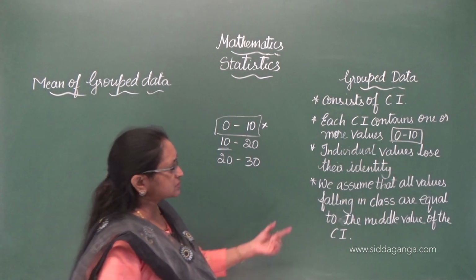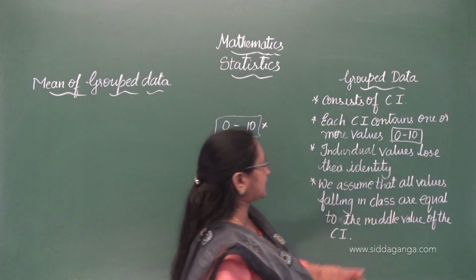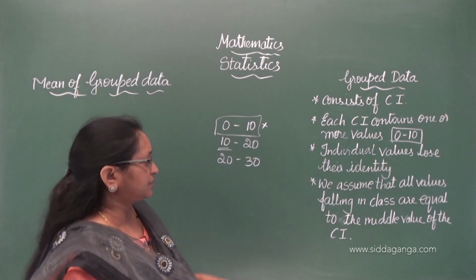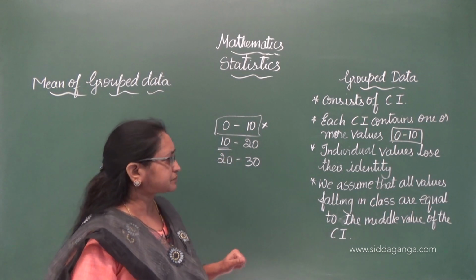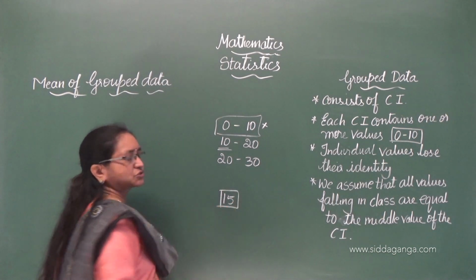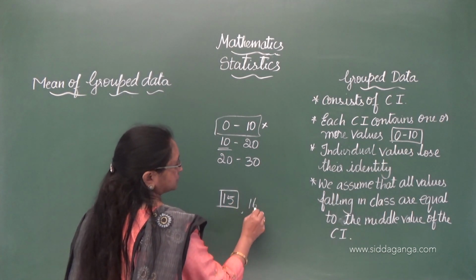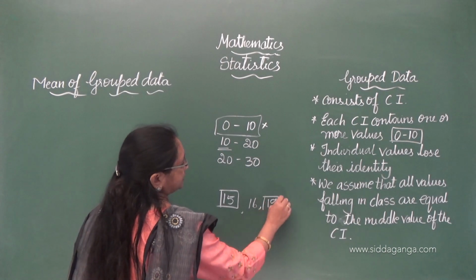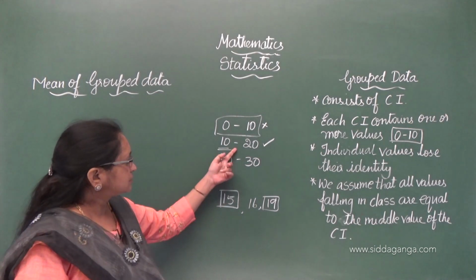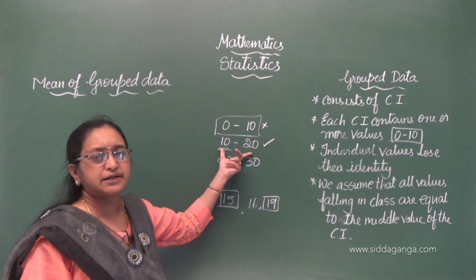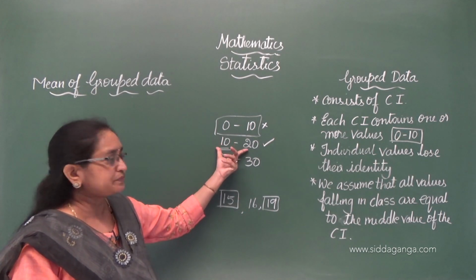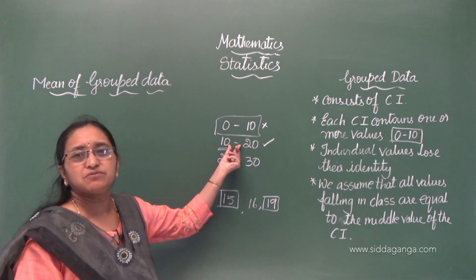Next, we assume that all the values falling in the class are equal to the middle value of the class interval. See for example, if a student has scored 15, another has scored 16, and another 19, they will all come under this group, correct? So here we will assume that the students falling in this group are equal to some middle value.